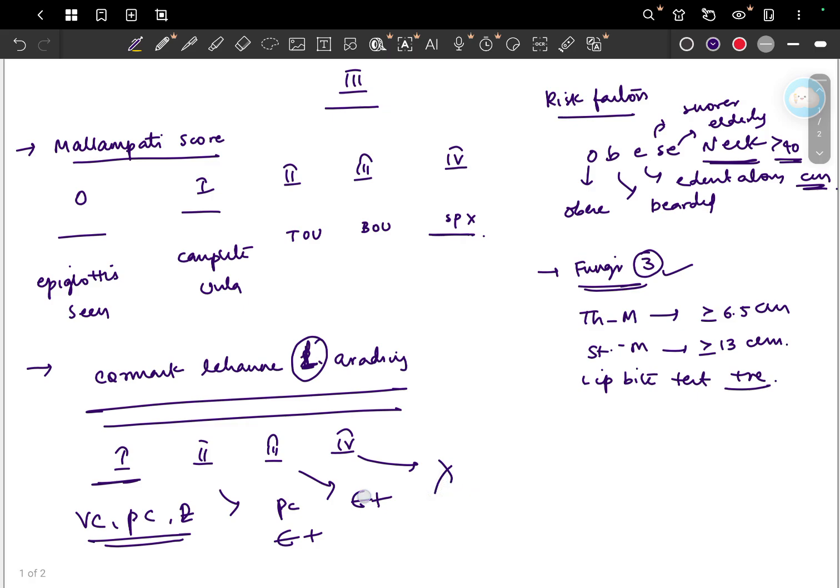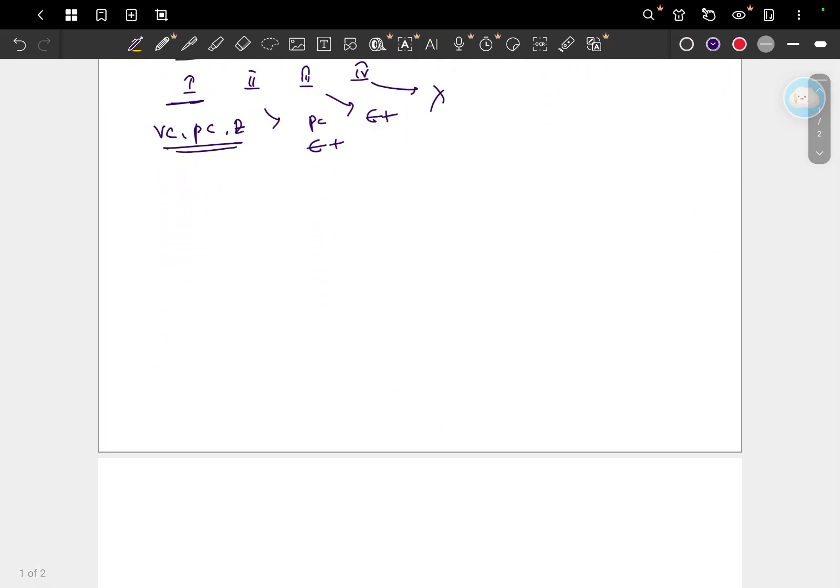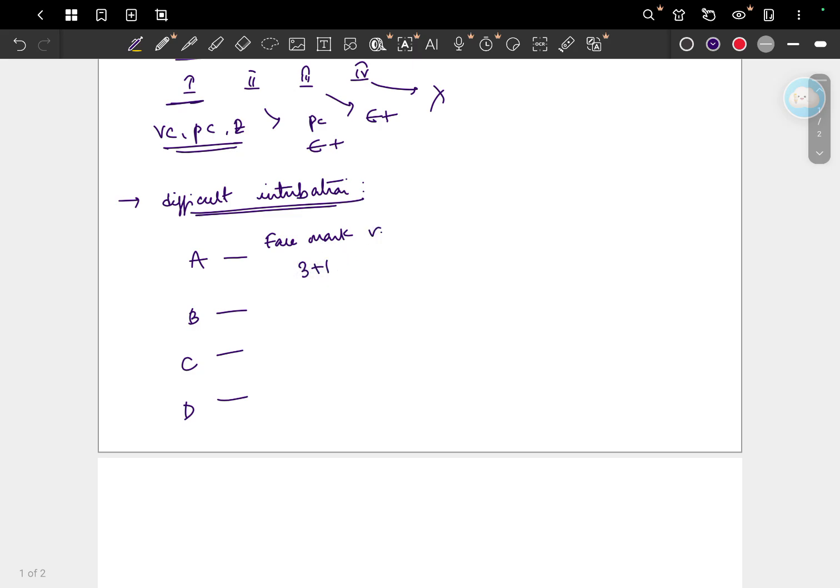And coming to the next part, that is difficult intubation. So plan A, plan B, plan C and plan D. Plan A is face mask ventilation, 3+1 attempts.